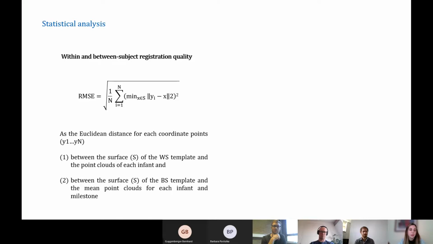RMSE was calculated as the Euclidean distance for each coordinate point between the surface of the within subject template and the point cloud of each infant. In the context of between subject registration, RMSE was calculated between the surface of the common template among all the subjects and the mean point cloud for each infant and milestone.